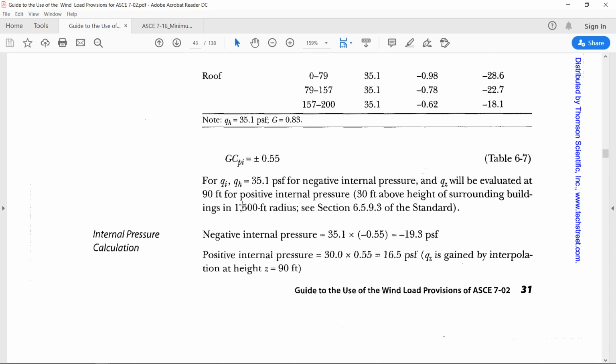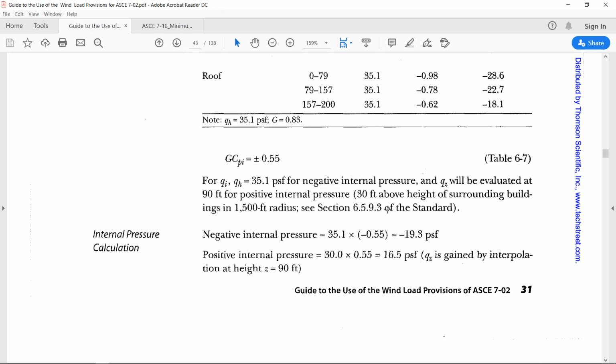It is explained over here. The qz will be evaluated at 90 feet for positive internal pressure. That means 30 feet above height of surrounding buildings in 1500 feet radius. See section 6.2.9.3 of the standard. This section is in ASCE 7-02.